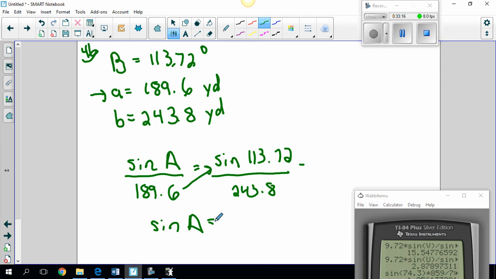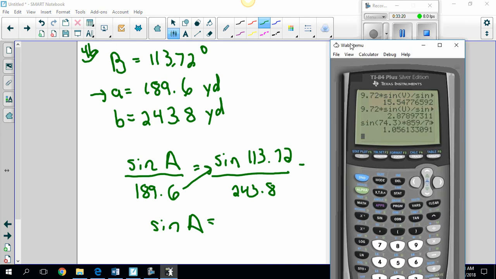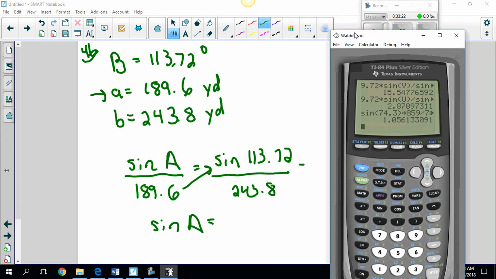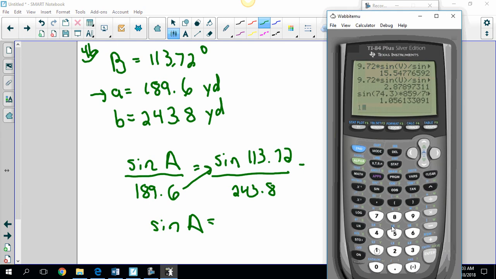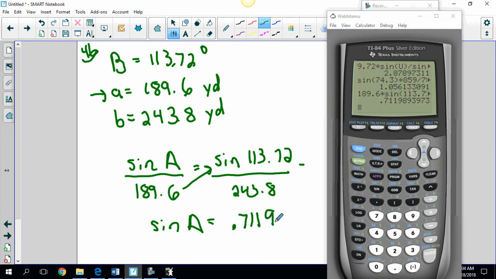But I'm sitting here looking at the solution key, and it says there's one triangle. So we're going to get an answer between that times sine 113.72. I'm not going to keep typing that thing all problem long. Divided by 243.8. Enter. 0.7119.